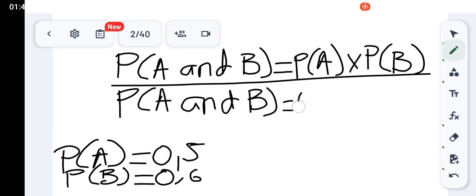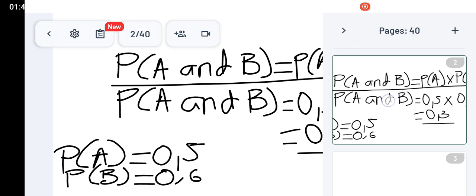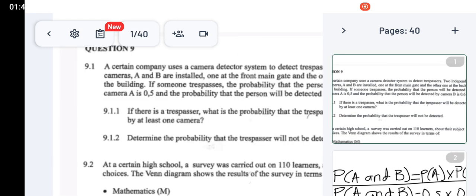So probability of A, 0.5, multiplied by probability of B, 0.6. So 0.5 multiplied by 0.6 is equal to 0.3. So 0.3 is probability of A and B.